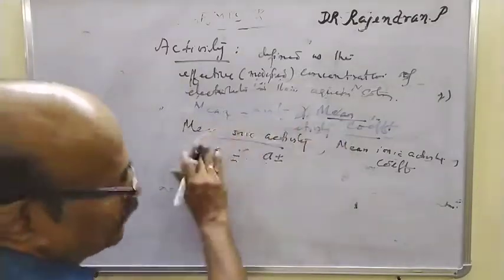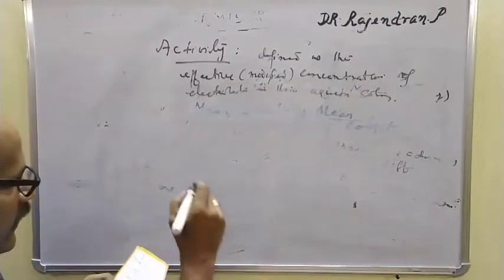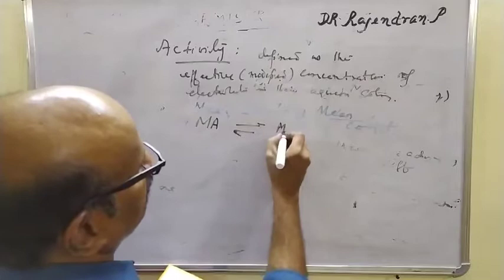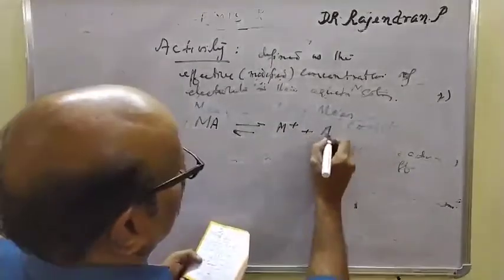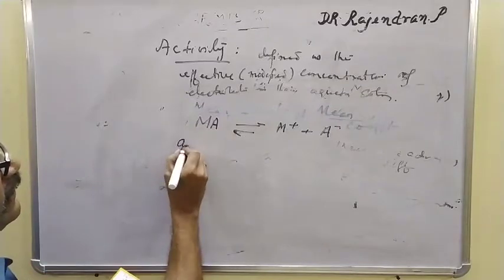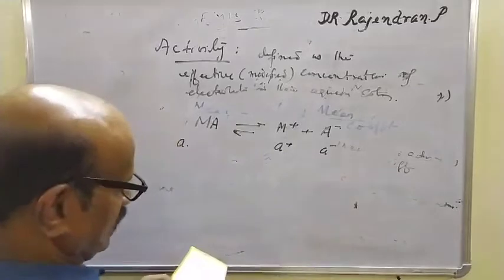So suppose we have a solution of an electrolyte like MA that dissociates into M plus and A minus in the solution. Suppose the activity of the electrolyte is A. So in the solution it is divided into A plus and A minus.